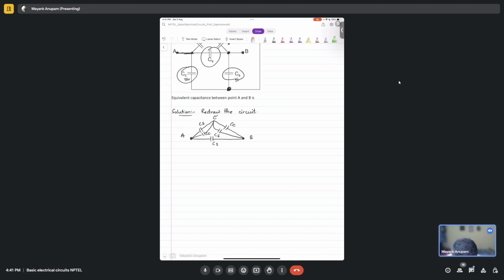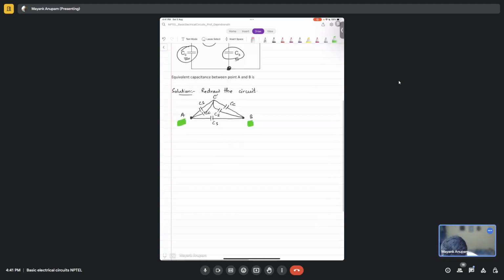So what should I do now? Can you identify any series and parallel combinations? As one of your colleagues was pointing out long ago, the person who was saying something about parallel and series connection here. Can you please help me here?